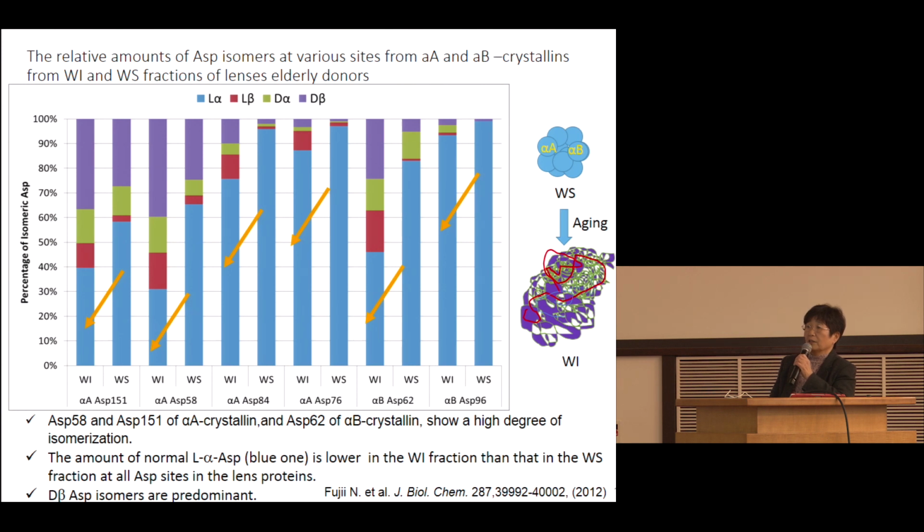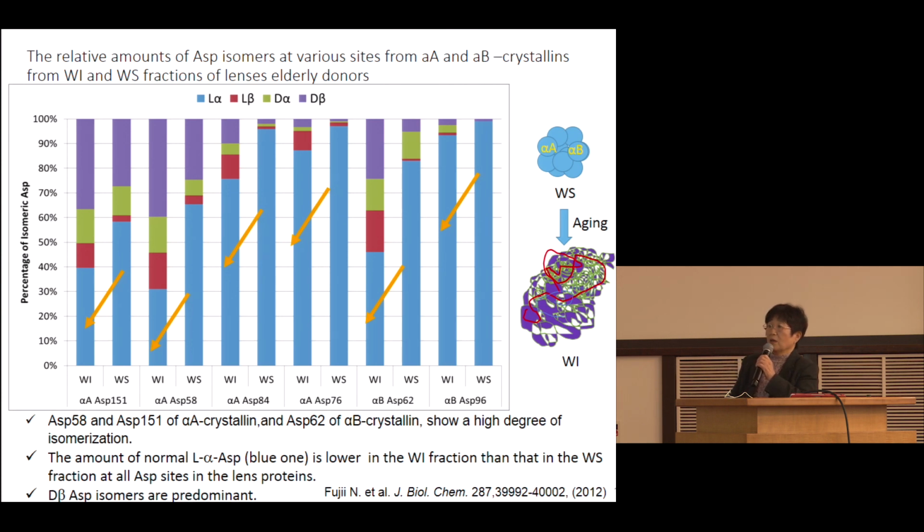Water insoluble means abnormal aggregated. ASP58 and 151 of alpha A and ASP62 of alpha-B crystalline show a high degree of isomerization. As you can see, the blue one is normal L-alpha, red one is abnormal L-beta, green one is abnormal D-alpha, purple one is D-beta.